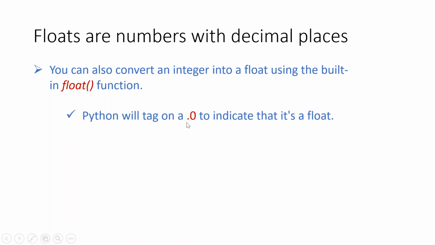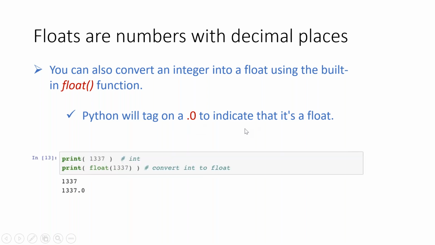Python will tag on a decimal and 0 to indicate that it is a float. In this example, 1337 is an int. I want to use it in a more precise calculation, so I can convert it using the built-in function float and pass my object here. Then it adds a decimal and converts it into a float.